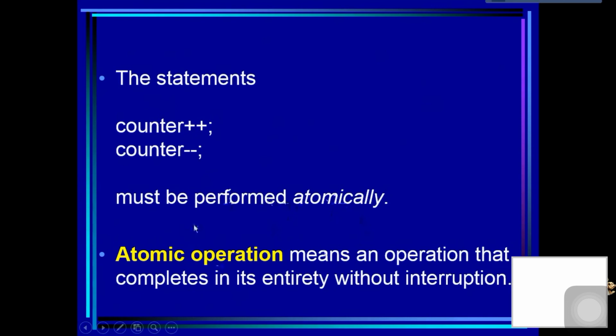What does that mean? An atomic operation means an operation that completes in its entirety without interruption. That means if the producer executes counter++, the system will not allow the consumer to execute counter-- until the producer finishes this statement. Then the consumer can assign the shared variable counter.